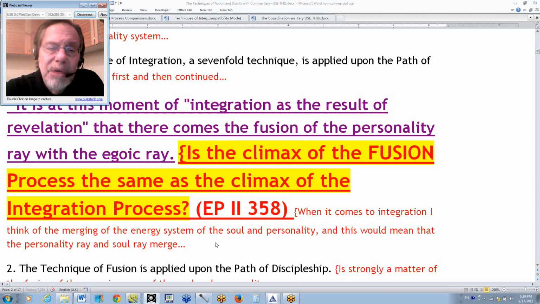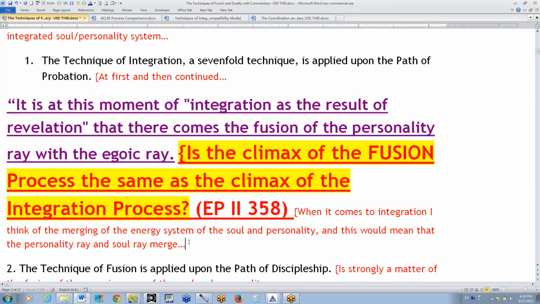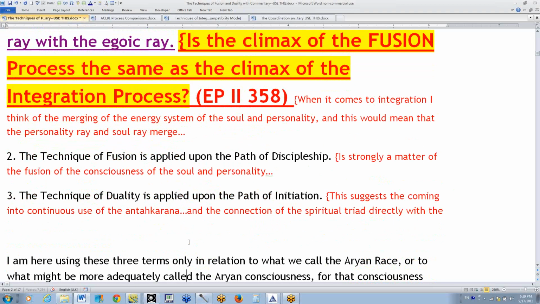But some people will say, well, I'm not treading the path of probation, therefore I don't need to worry about these techniques of integration. And all I would like to say is that they do go on for quite a span of development and suggest some pretty high stages which are achieved.